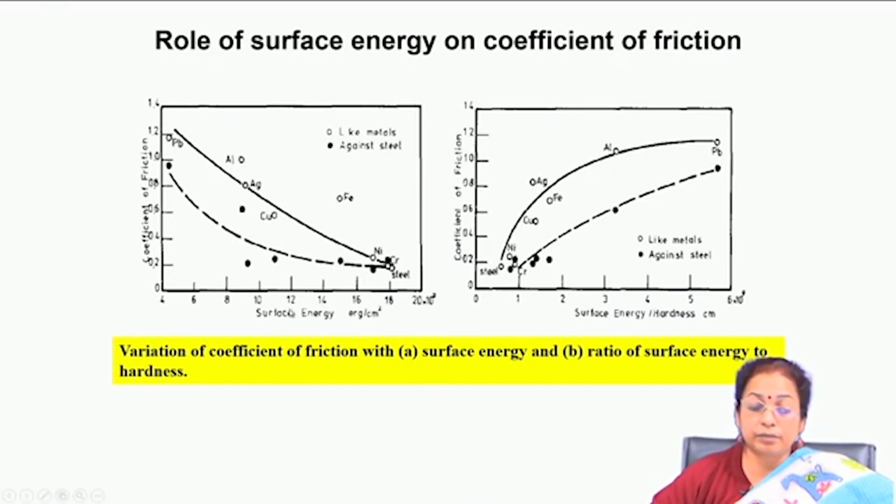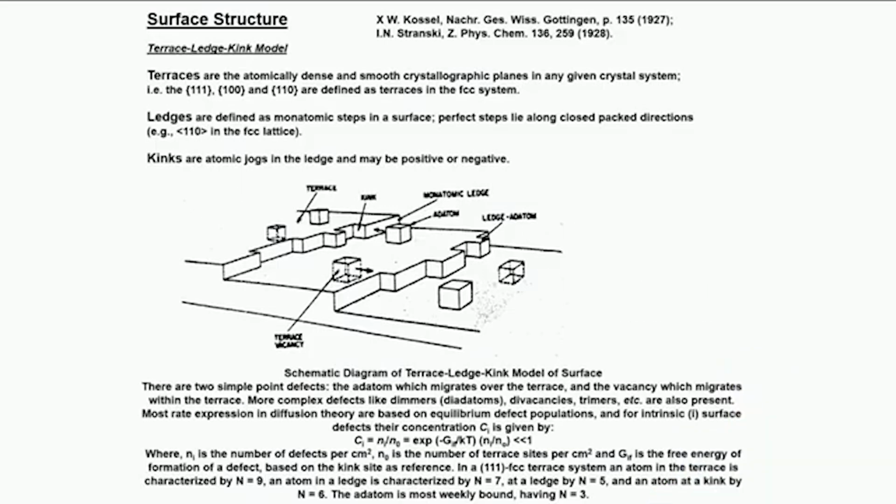So, naturally the relationship is very complex in nature. You cannot say that only surface energy or only mechanical properties play a role in determining the coefficient of friction, but a combined relationship determines it.